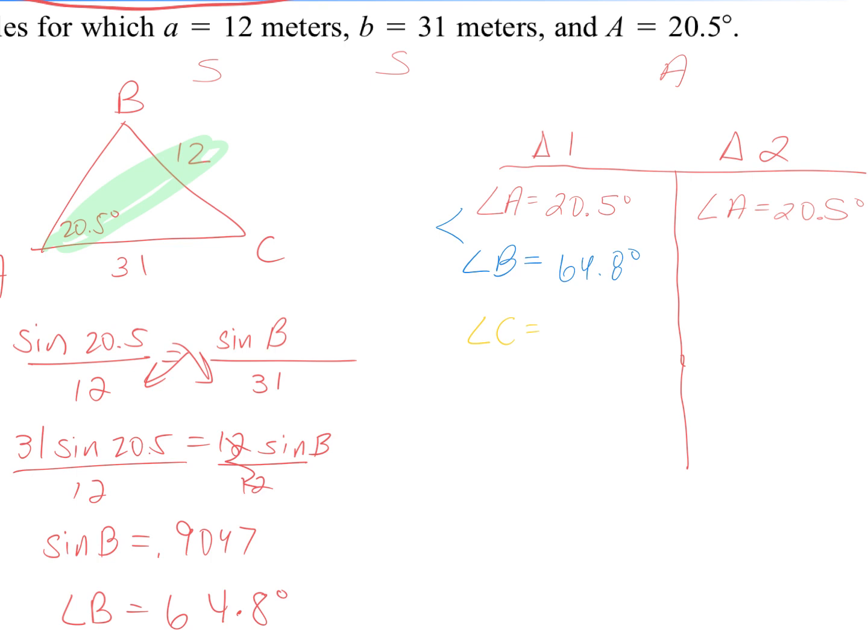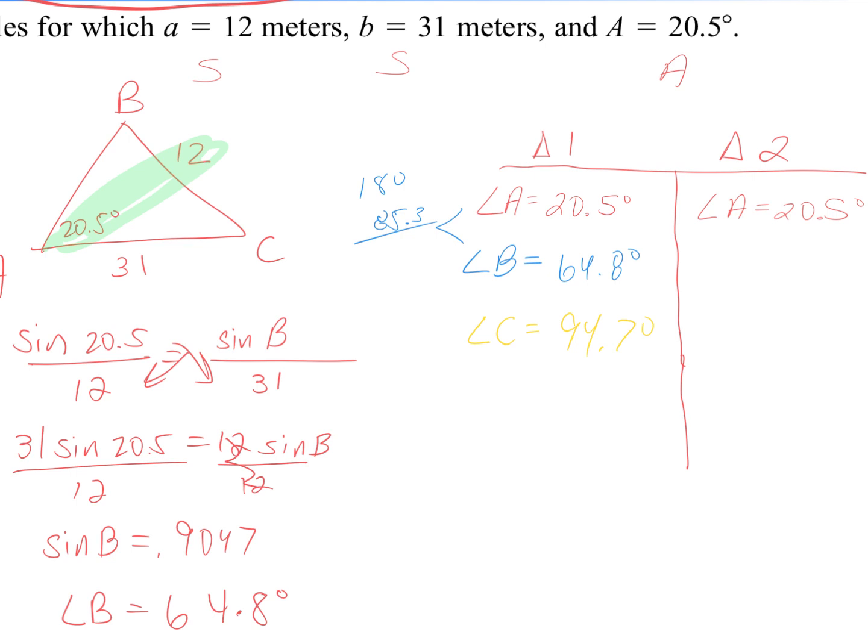You'd add A and B, right? So 20.5 plus 64.8 gives me 85.3. Then I would say 180 minus that. So 180 minus 85.3, and I get 94.7. You guys agree? Okay. And then in a second we'll find side c.